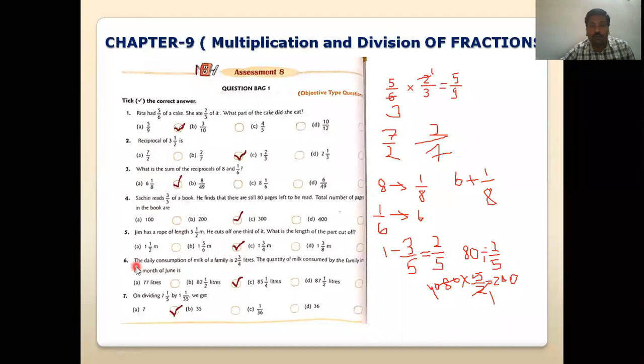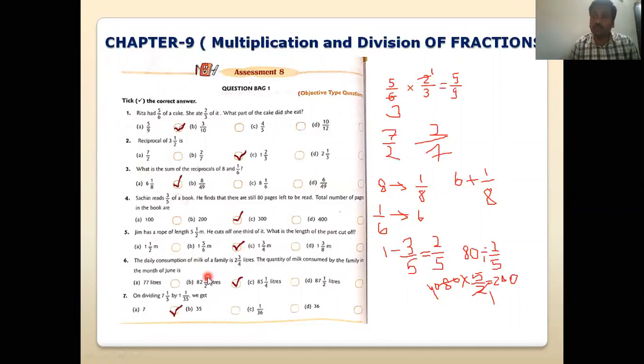And now, what is question number 6? The daily consumption of milk of a family is 2 whole 3 by 4 liters. Find the quantity of milk consumed by the family in the month of June. When we multiply the daily consumption, meaning 1 day's consumption of milk, 2 whole 3 by 4 liters, by the number of days in June, we get the total quantity consumed.